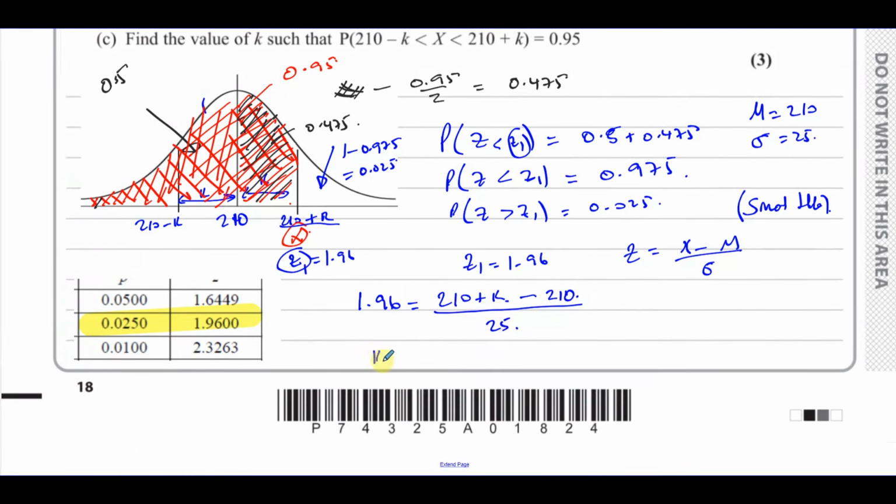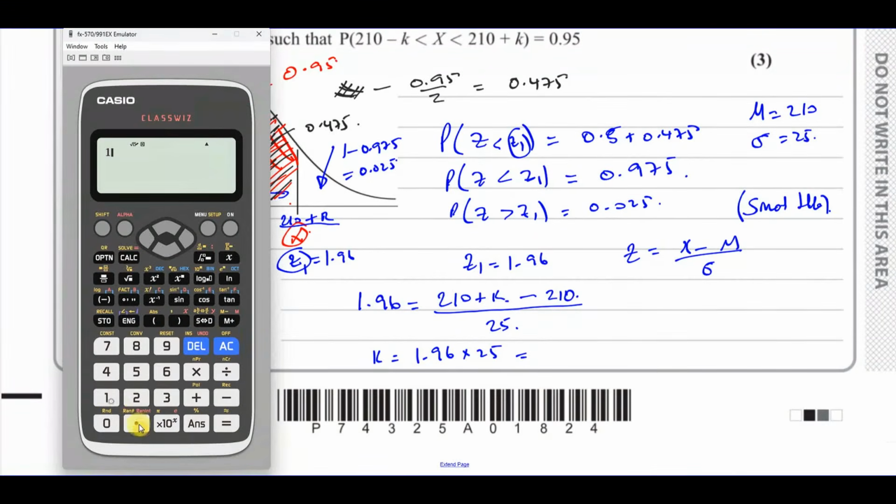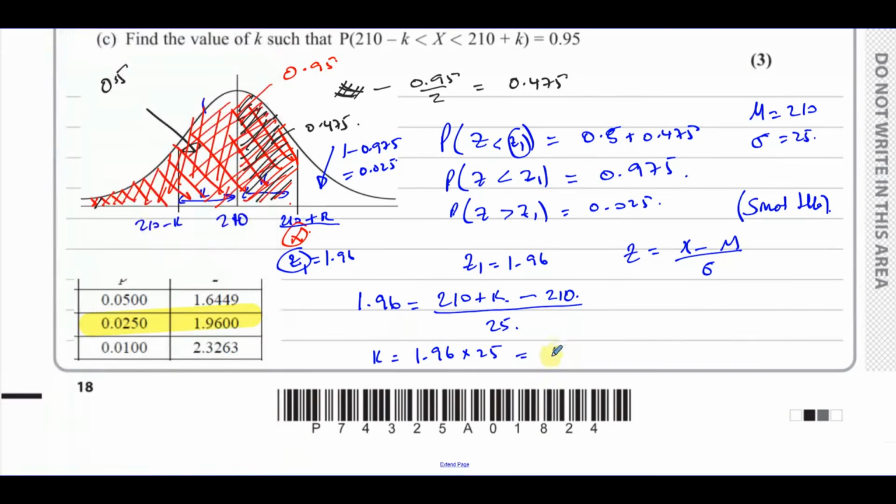So we can say k is equal to 1.96 times 25. Okay, so we take 1.96, multiply it by 25, and you get 49. So k is equal to 49. Okay, so there's the answer to that question there.